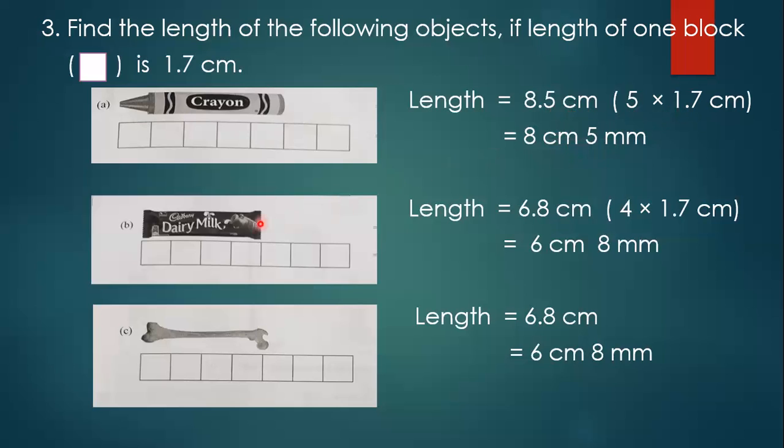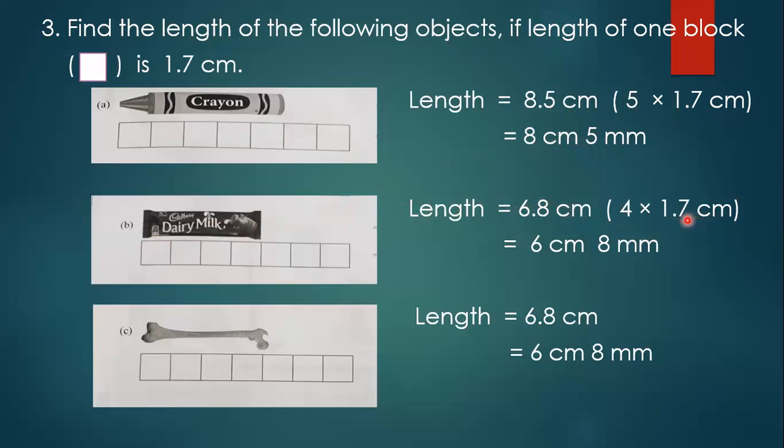Now, second, a Dairy Milk is there. Your favorite chocolate maybe, no, children? And what is the length? The length of this Dairy Milk is 1, 2, 3, 4 blocks, right? 4 blocks. And each block is 1.7 centimeter, remember. So the length of the Dairy Milk will be 4 into 1.7 centimeter.